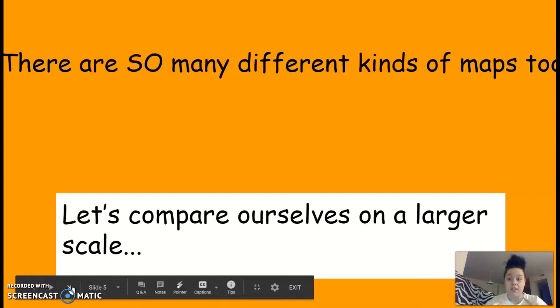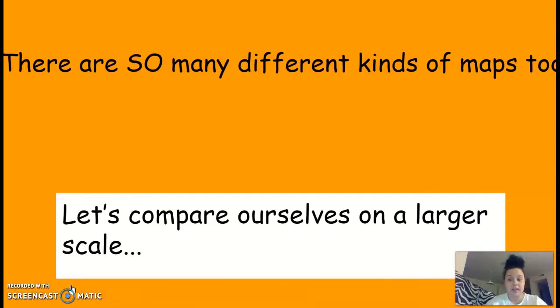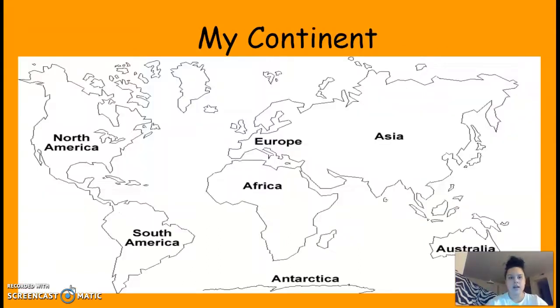Let's compare ourselves on a larger scale. So let's see, how small are we, kind of like a little dot, compared to maps? And let's zoom in, okay? So this says my continent. So there are 7 different continents. There's North America, South America, Antarctica, Europe, Africa, Asia, and Australia.